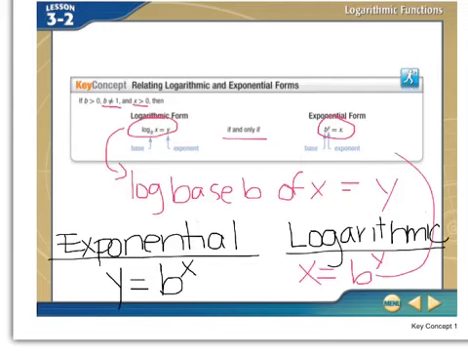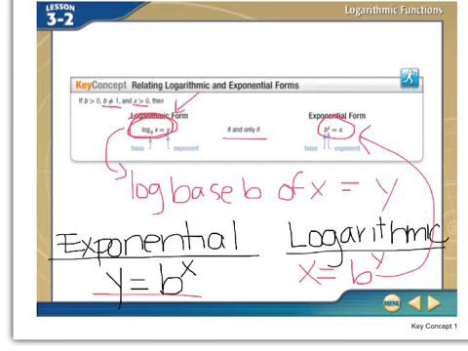Hence why they have this exponential form written here. Now, x equals b to the y is another way to write log base b of x equals y. Most functions need to be written in explicit form where y is by itself. Therefore, we need to be able to write our equations in both exponential and logarithmic form.